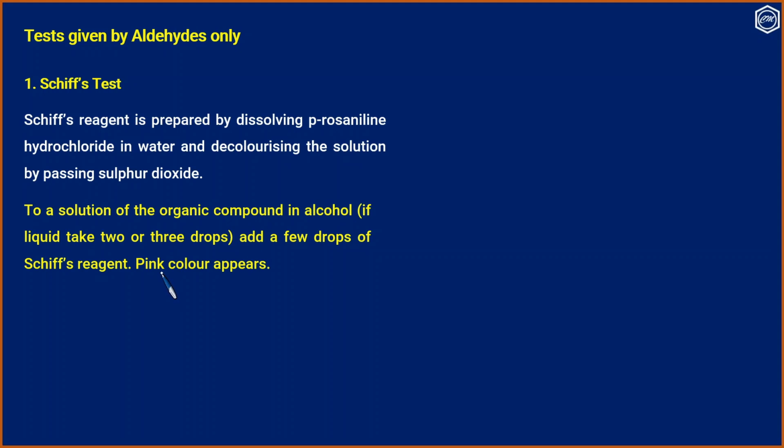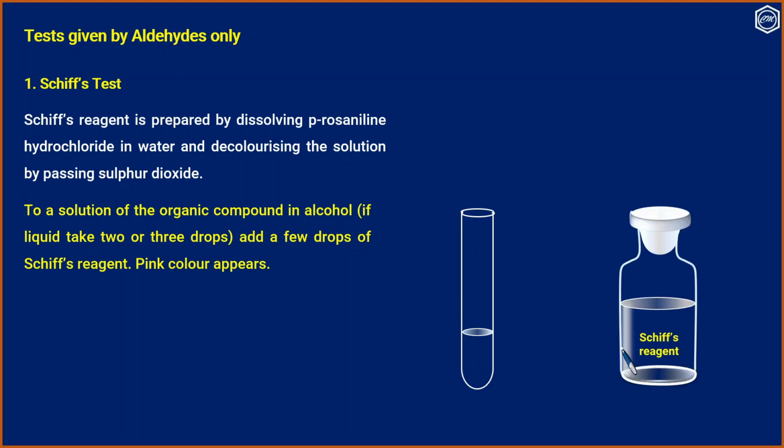So this is the given organic compound, and we are adding a few drops of Schiff's reagent to this solution. A pink color appears. This pink color shows the presence of an aldehyde. Once again, this test is answered by aldehydes only.